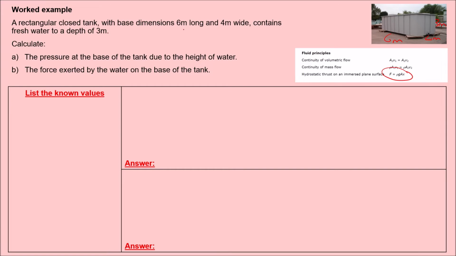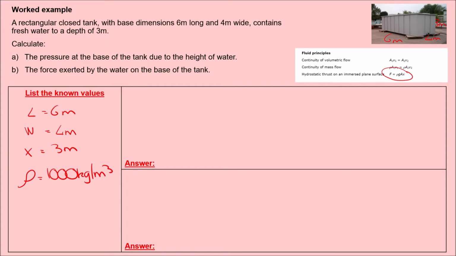So we've got length, 6 meters, width, 4 meters, the height of the fluid, x, 3 meters, density of fresh water, and again, check out previous videos if you don't know where we get this value from, is 1000 kilograms per meter cubed.